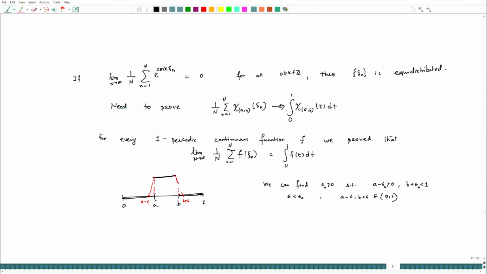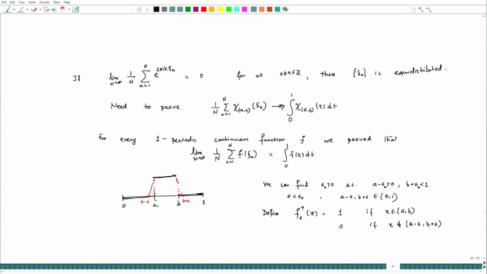Now define f epsilon plus of x equal to 1 if x belongs to a b, and 0 if x does not belong to a minus epsilon, b plus epsilon.